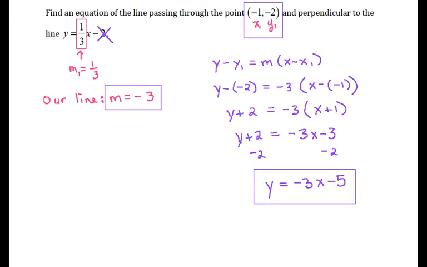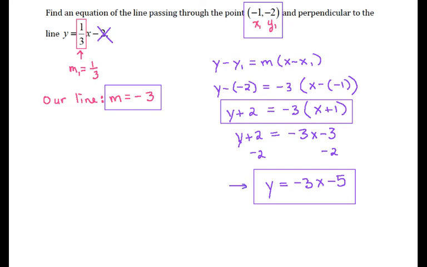Now, of course, I read my instructions again and realize that it wasn't really necessary. Either this form or this form would be fine. This is the point-slope form. I certainly wouldn't leave it with the subtractions of negatives. That form is a little bit sloppy. But given that we weren't specifically asked for a slope-intercept equation, either of these is okay.